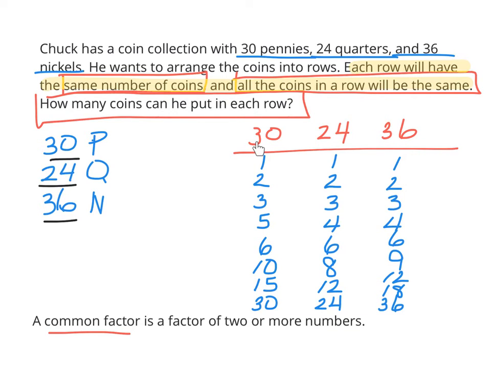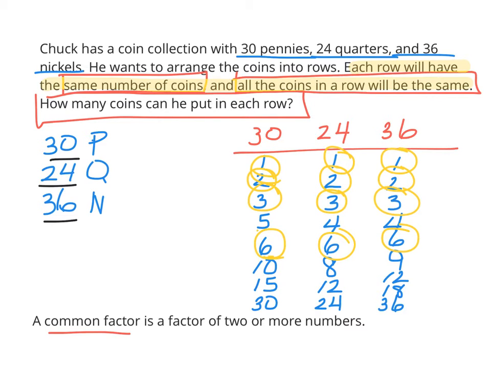So we have the factors for 30, the factors for 24, and the factors for 36. Now what we can do is circle the factors that are common to all three numbers. So we have 1, because 1 is a factor of each, 2, 3, well, not 4, because 4 is not a factor of 30, 6, nope, not 10, 8, or 9, not 15, 12, or 18, and that's all we have.